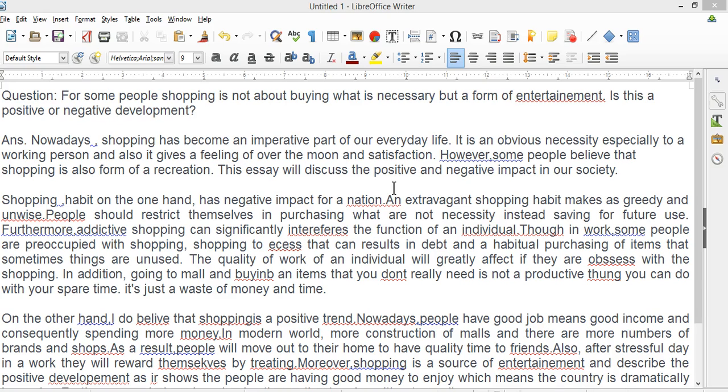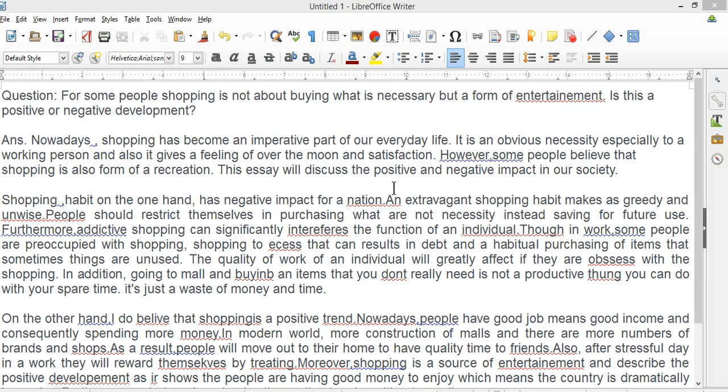There's a bit of grammar, some spelling, punctuation, and a few things for cohesion, coherence, and task achievement. So we'll just take a look, and then I've written an example which I will use to make a point, and we'll look at the structure.